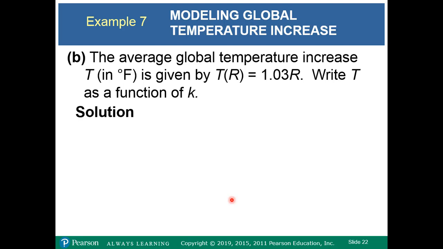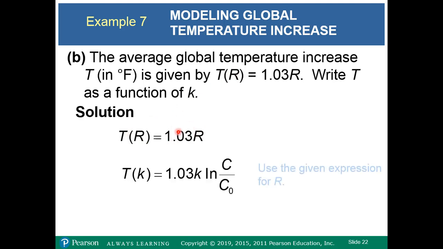Now part B, the average global temperature increase is given by T of R equals 1.03 R. So we want to write T as a function of K. Well, we can put R in, right? We can plug in what the formula for R is. So we start with this, and we plug in R. R is equal to this.